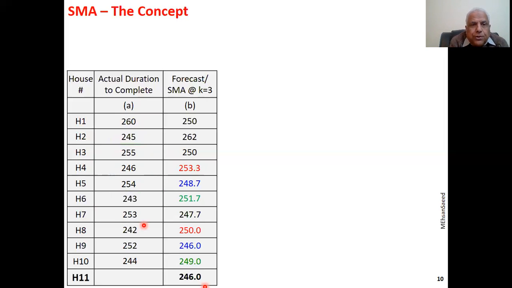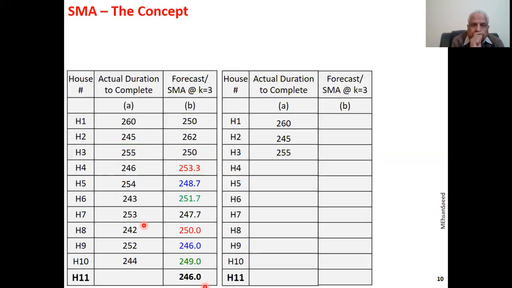Now I'm going to show you the same thing in animation and the concept of moving. If someone asks you why simple moving averages are called simple moving averages, or where the concept of moving comes from, that will now become abundantly clear once you see this animation. So here is the same data set, 260, 245, 255.